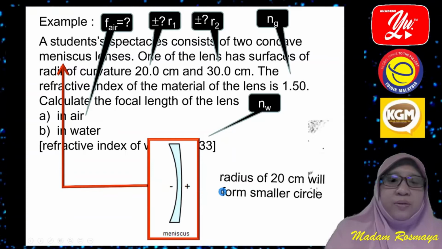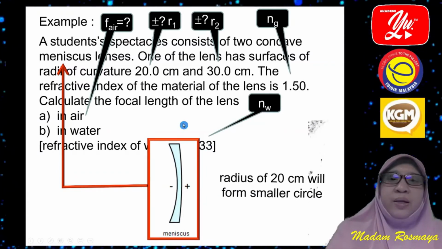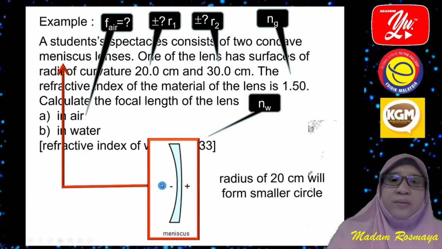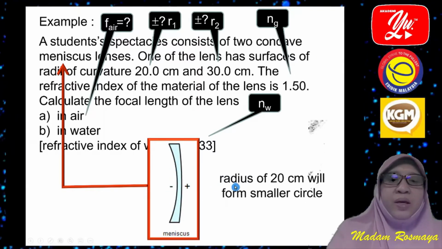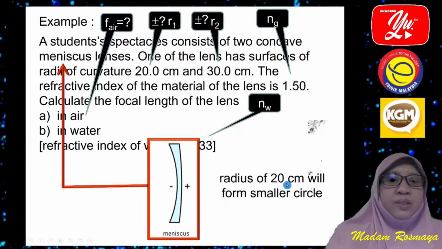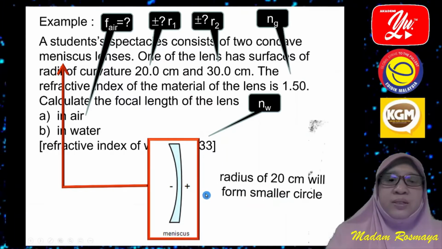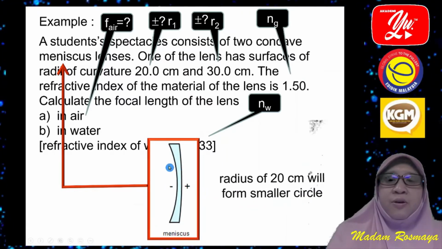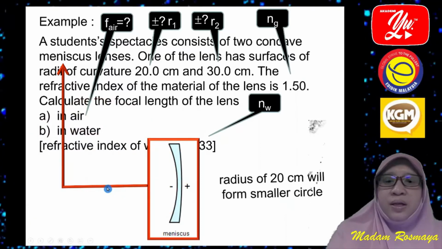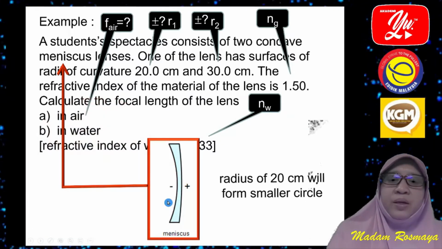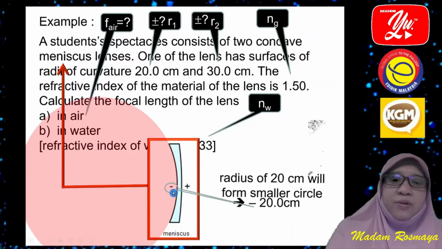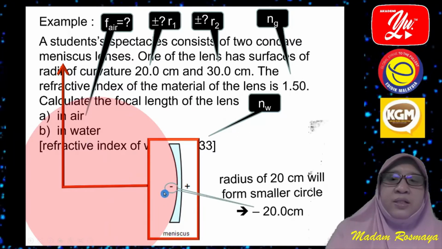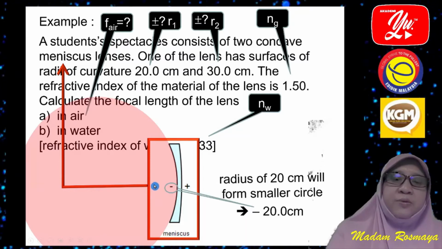Therefore, which one is the 20 cm radius? How do we determine it? The radius of 20 cm will form a smaller circle. Imagine this curve forms a circle with radius 20 cm. This is the smaller circle, so the sign for R1 here is negative 20 cm.